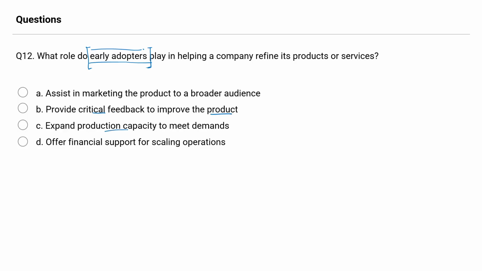They expand the product production capacity and offer financial support for scaling operations. The role of early adopters in helping a company refine its products or services.